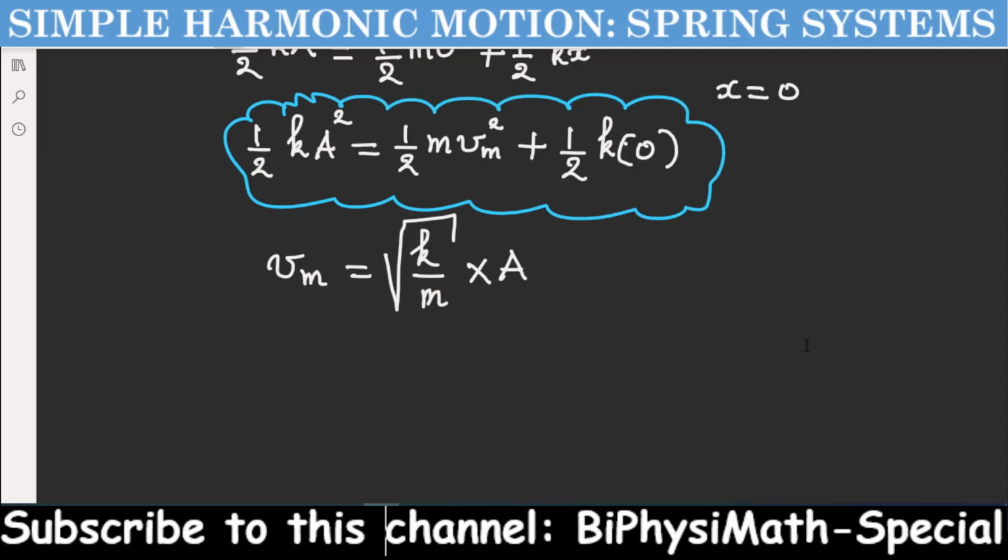Solving this equation, we find the maximum velocity.